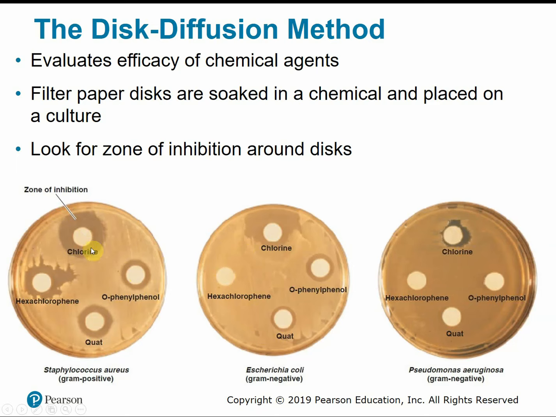So this means there are no bacterial cells growing or present, because the chlorine has killed them or prevented them from growing and multiplying. And again, it shows that different chemical agents can have different levels of effectiveness against different types of organisms. So a quat disinfectant has moderate effectiveness against Staph aureus, but not really any against Pseudomonas.